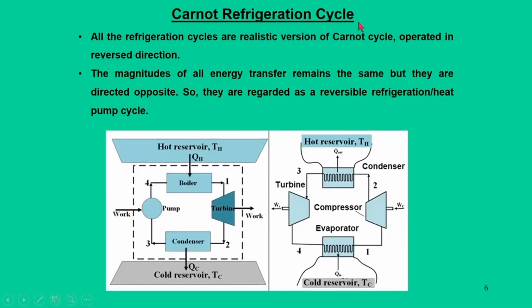Now, let me start with the first basic thermodynamic aspect, that is Carnot refrigeration cycles. We all know from basic thermodynamics we have a Carnot cycle, and this Carnot cycle is a hypothetical or theoretical cycle which is never achieved in practice, but however, there are many realistic versions of this Carnot cycle.